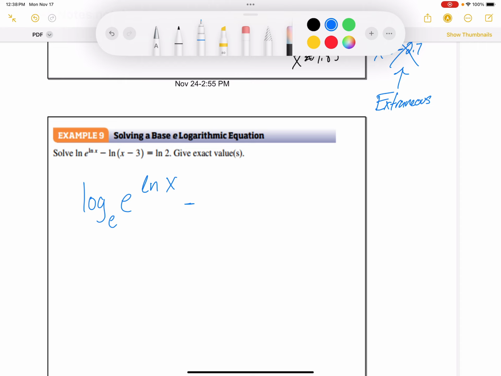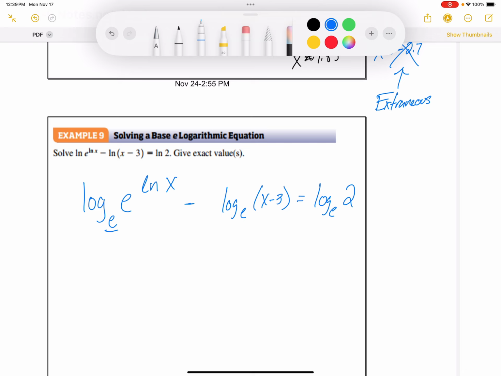minus, I'll just do it one level at a time. Log base e of x minus 3 equals log base e of 2.